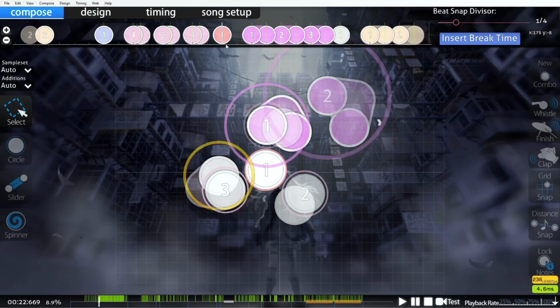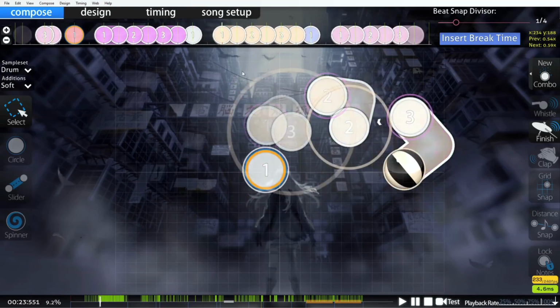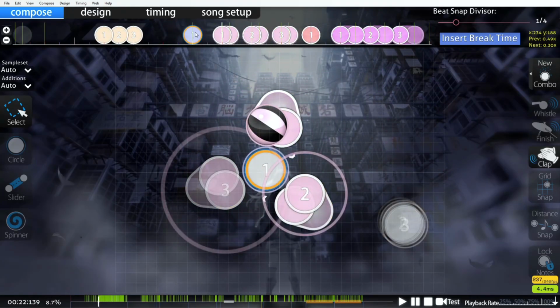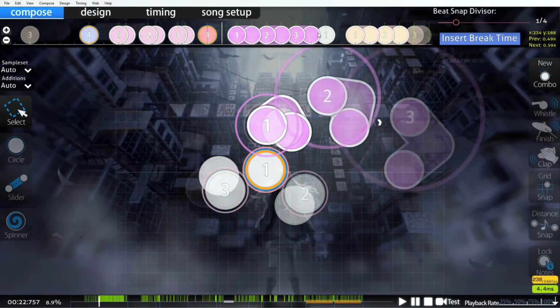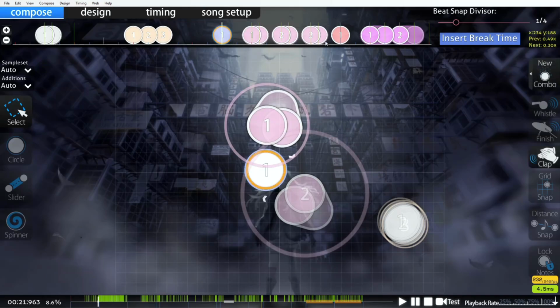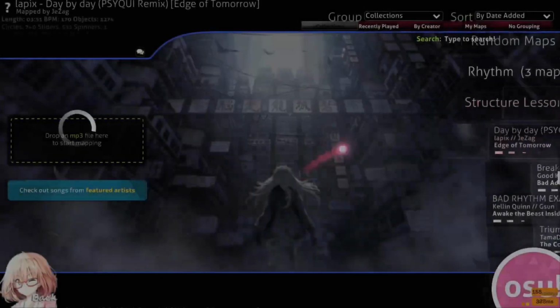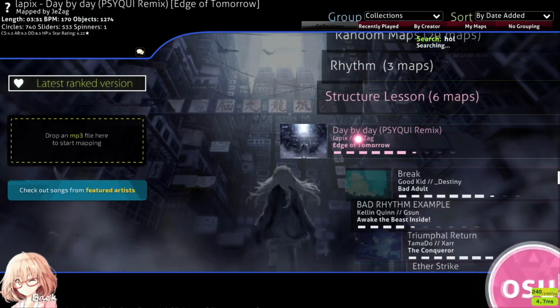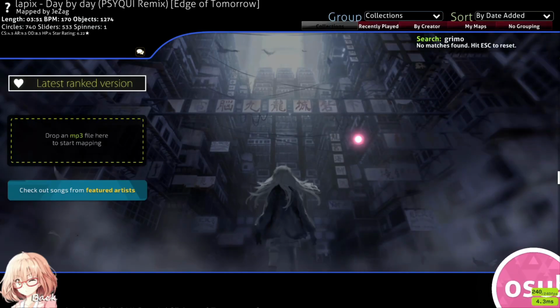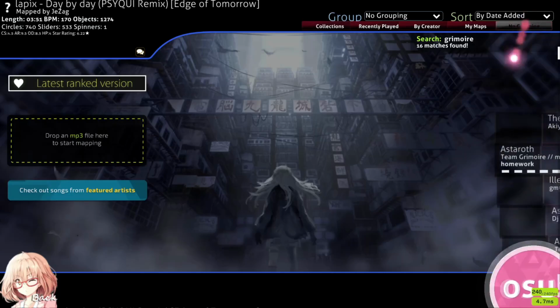So, what do we have here? Same sounds are located on exactly the same spots. Starting from here, you can see this and this are stacked on top of each other, which structurally connects it very well. If I were to show you how far you can take this concept, I would probably be showing you a Hollow Wings map. It's called Grimoire.